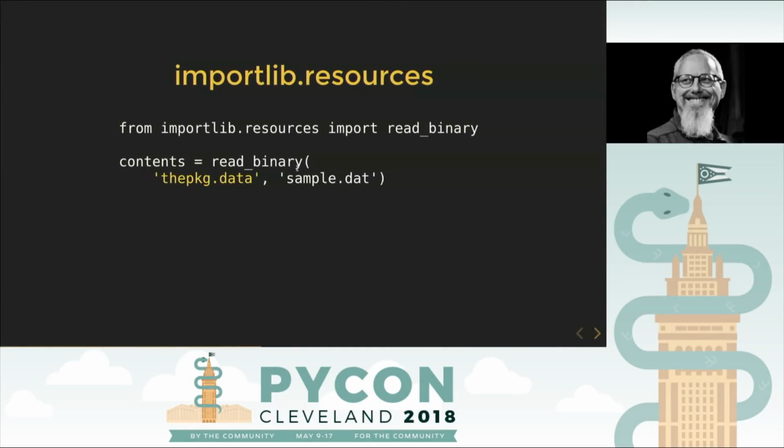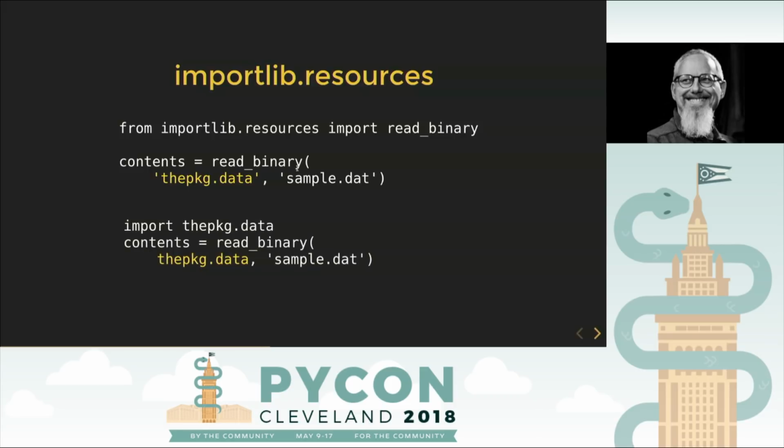So importlib.resources, this is how the same call would look in importlib.resources. There's a function called read_binary. You give it the name of the package that has your sample data and the name of the resource inside that package, and read_binary returns you the bytes.